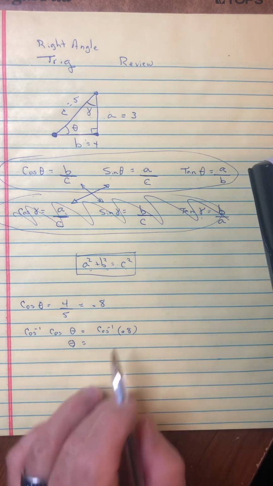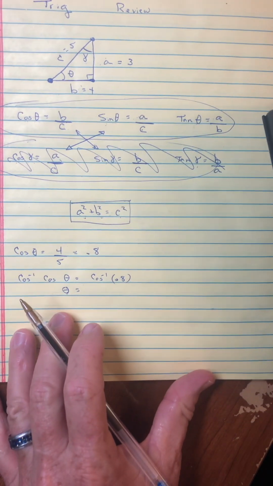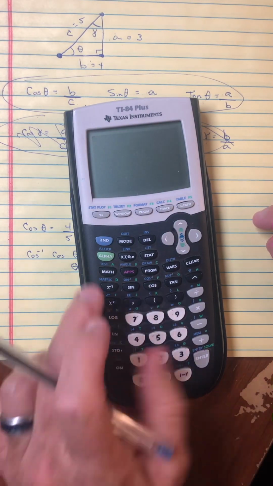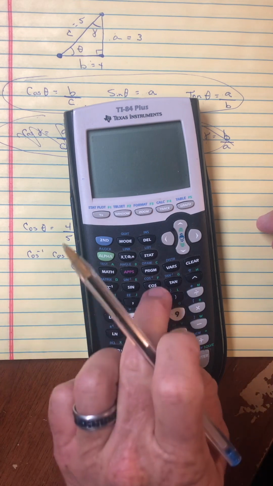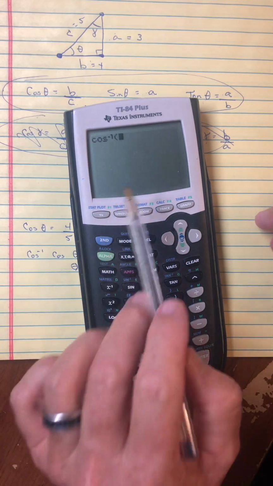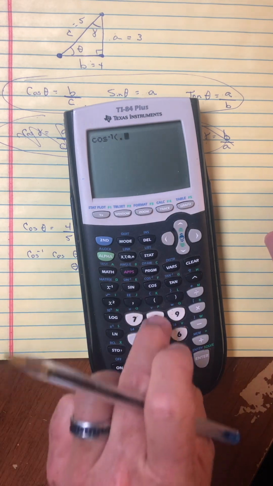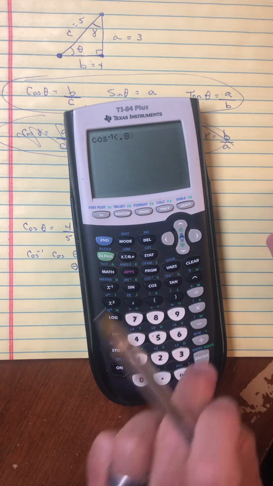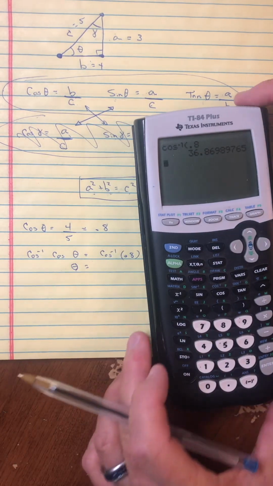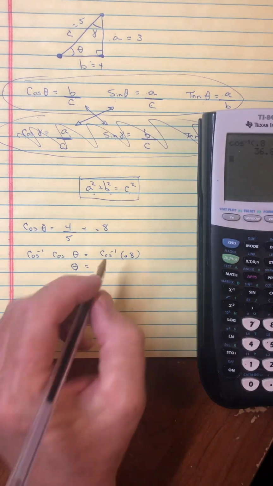And for our case, we don't have to do any of these by hand. We'll just use the calculator. So if I go inverse cosine function, technically called arc cosine function, of 0.8, then when I hit enter, I get 36.9 degrees.